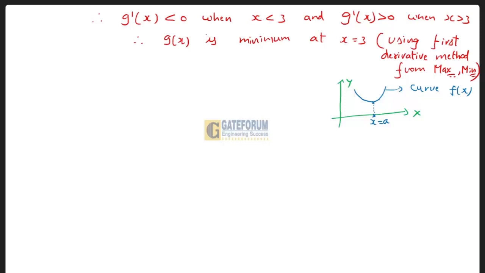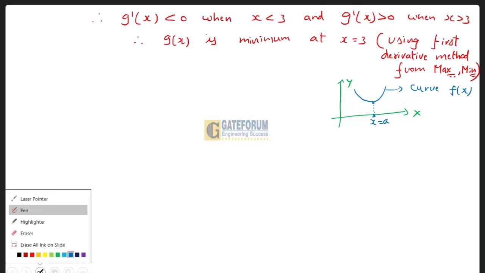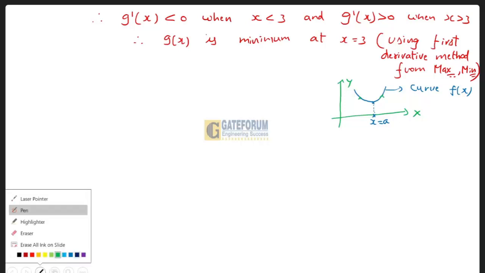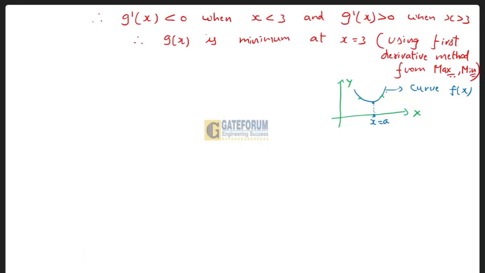Okay, so I can draw, at this point and at this point, the two tangents. This is the tangent and this is the tangent.